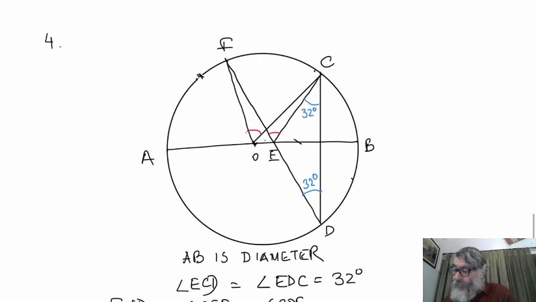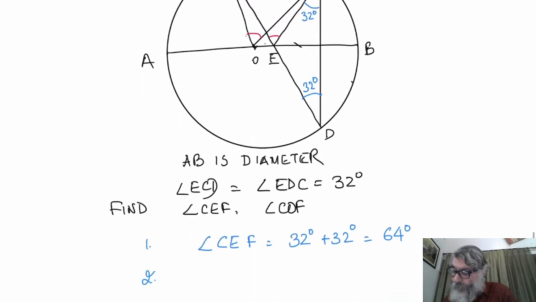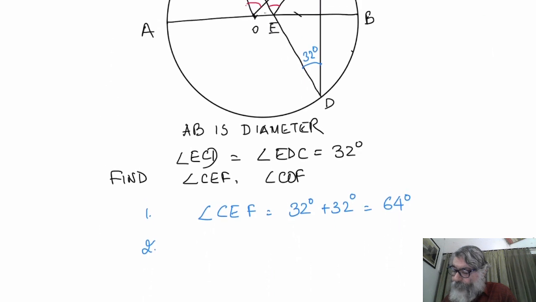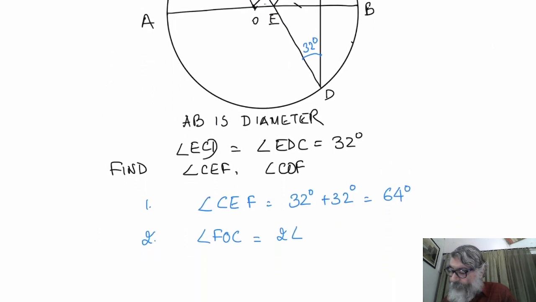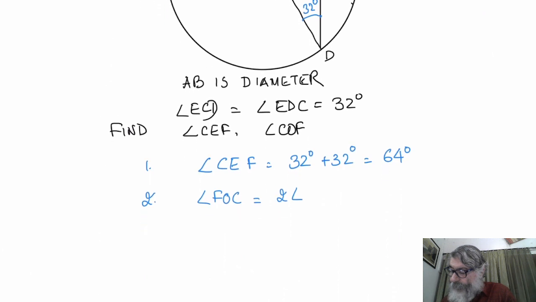Angle FOC will be double of angle FBC, that will be 2 into 32, that will be 64.